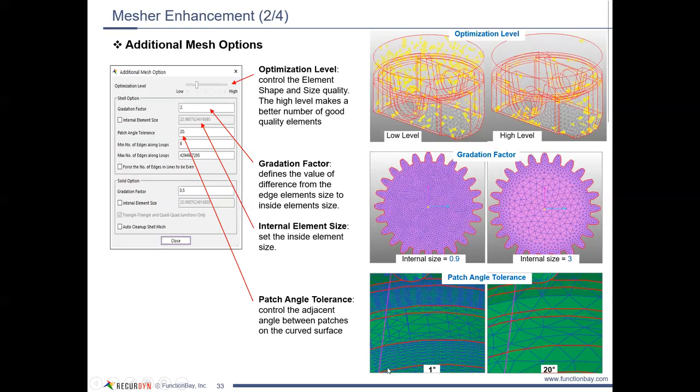You can see if we set this angle down to 1%, we're getting a really dense mesh, and big differences between the patches. If we set it to 20%, then we're getting more uniform and larger elements. So depending on your geometry, this patch angle tolerance can be something that you can use to get the mesh to have element sizing and distributions the way you would like it to be.